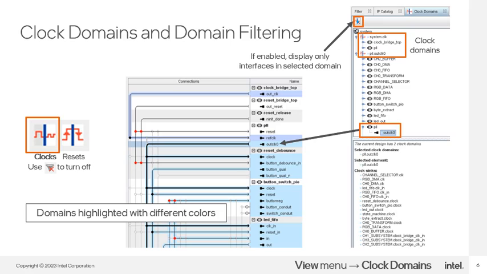When selecting a domain, the System View or System Contents tab also displays colors to show which interfaces belong to which clock domains. You can further filter the System View or System Contents tab to display only the component interfaces in the domain, in case a single component has interfaces in multiple domains, like the PLL in the example shown here.